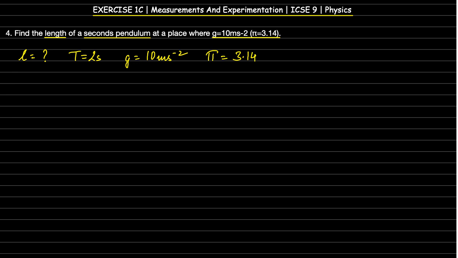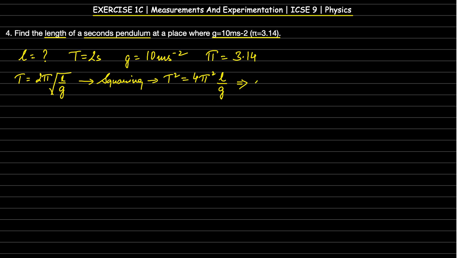Now we know the formula, that is T is equal to 2 pi root of L divided by G. If we square on both sides, the same formula changes to T square is equal to 2 square is 4, pi square is pi square only, root L square is L divided by G. Now we need to find L, so we will be shifting the other terms, writing left hand side as right hand side and right hand side as left hand side.